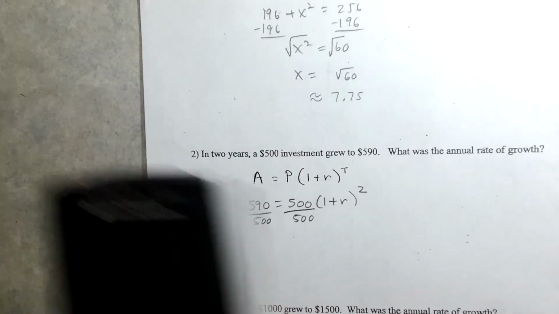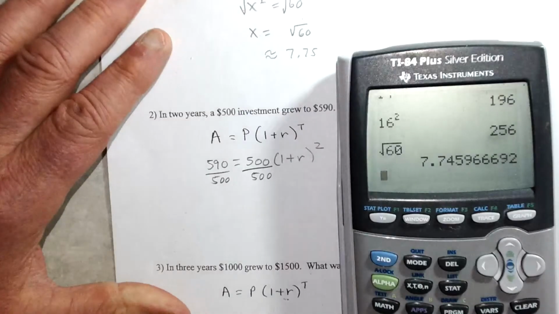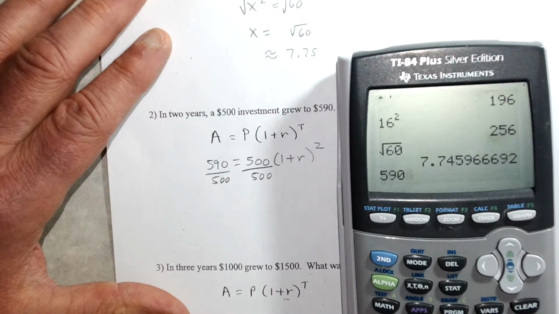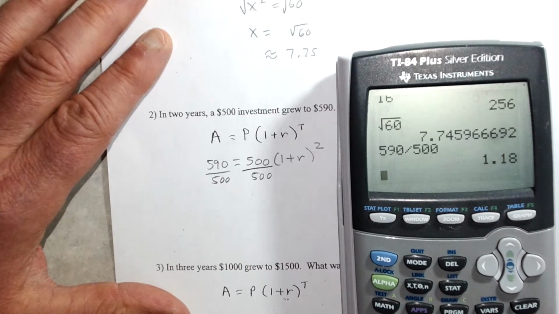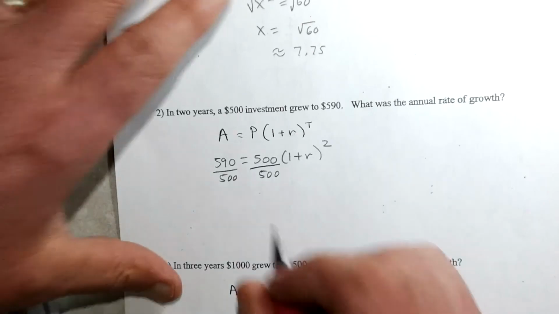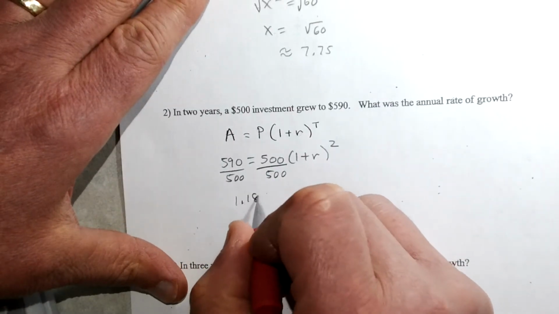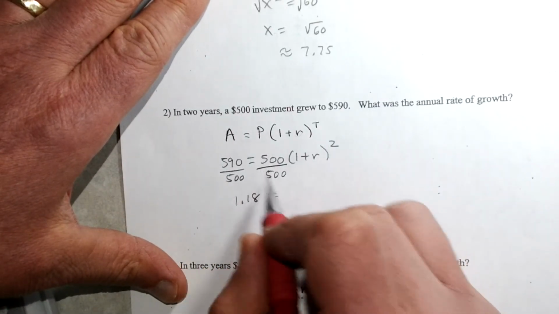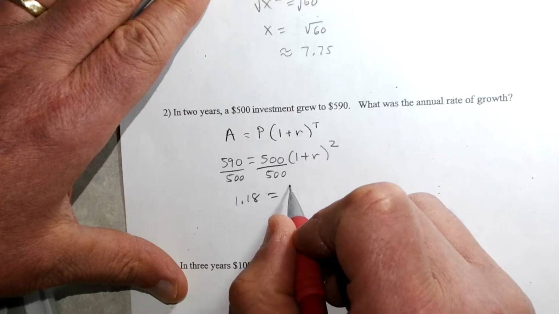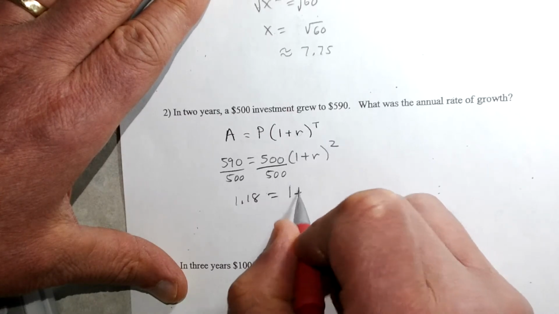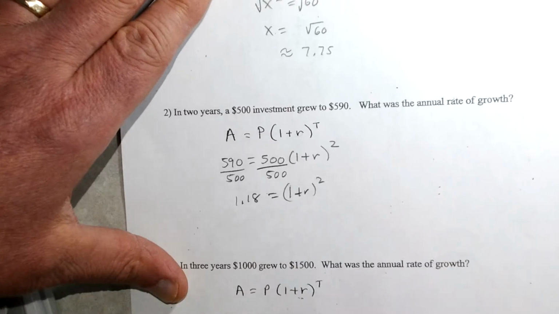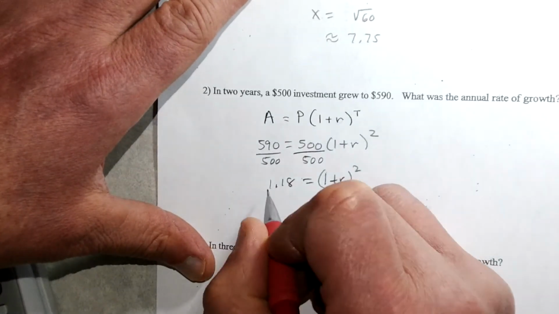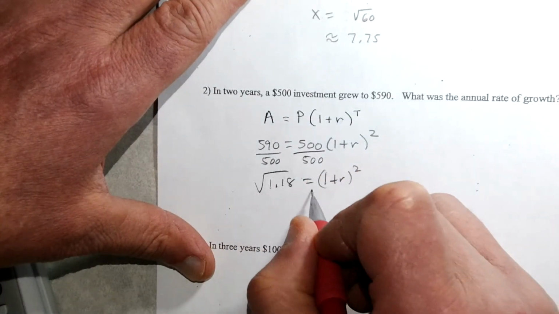That will give me a decimal on the left-hand side, 590 divided by 500, and that turns out to be 1.18. And this turns out to be 1, so we're good. And we just have 1 plus r, the quantity squared. But because it's a square problem, we'll take the square root of both sides.